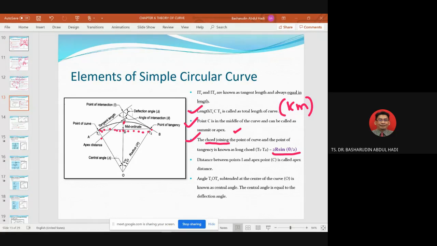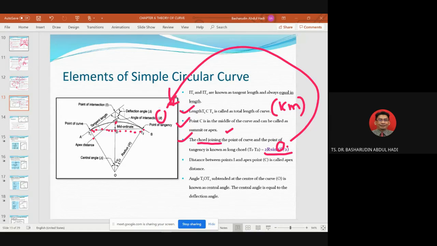For example, radius 600, and sine of your deflection, your angle of intersection, taken from this one, divided by 2. So there is this correlation for the long chord between T1 and T2.